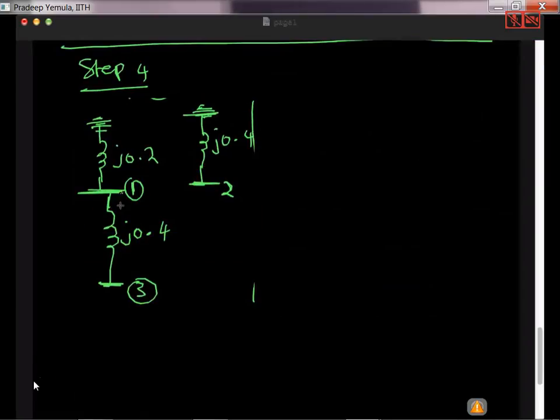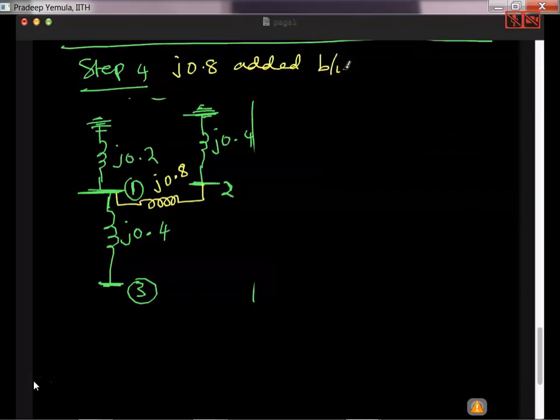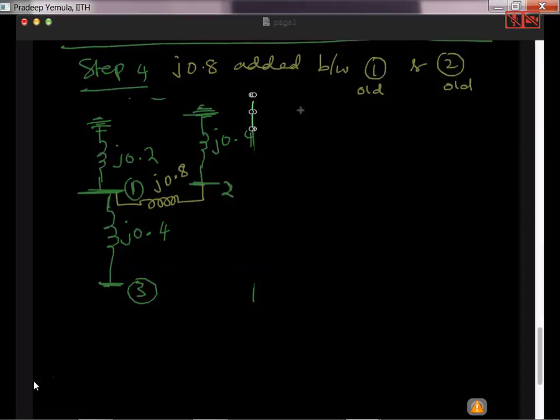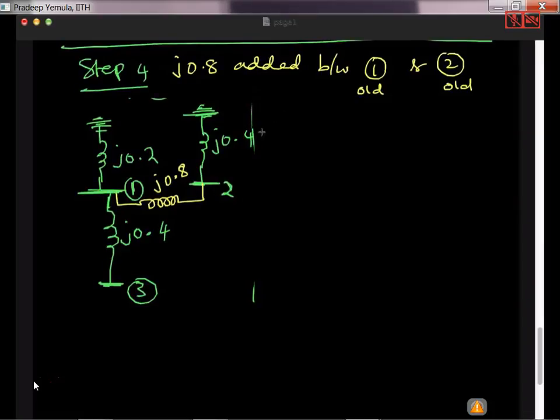So I am adding a new line between bus 1 and bus 2, and this is J0.8. So J0.8 added between bus 1 and bus 2. So bus 1 is old and bus 2 is old. So between two buses, I am adding the impedance. I think you are aware what is the procedure. This is case 4.